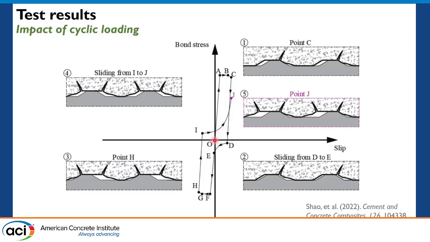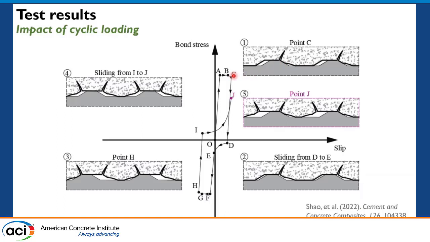So if we envision that we are loading a UHPC specimen from the origin 0, no damage, to point A when it reaches the peak point, and then we load it to point C. At point C, we may see some splitting cracks as well as some crushed UHPC keys between the ribs.